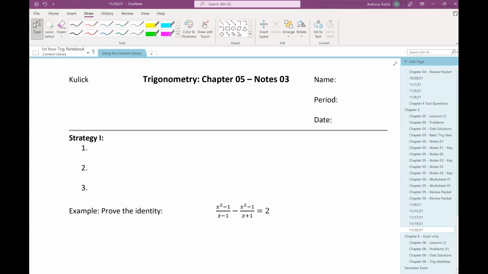It's all going to be kind of algebraic. And really, in a way, it's not going to be dissimilar to what we did in 5.1, where we simplified these trigonometric expressions.